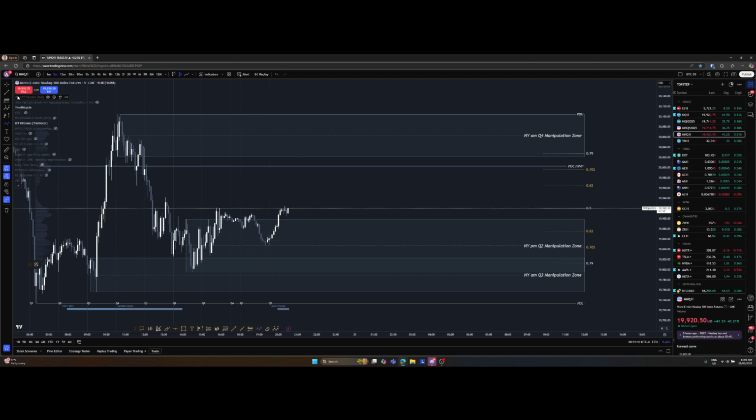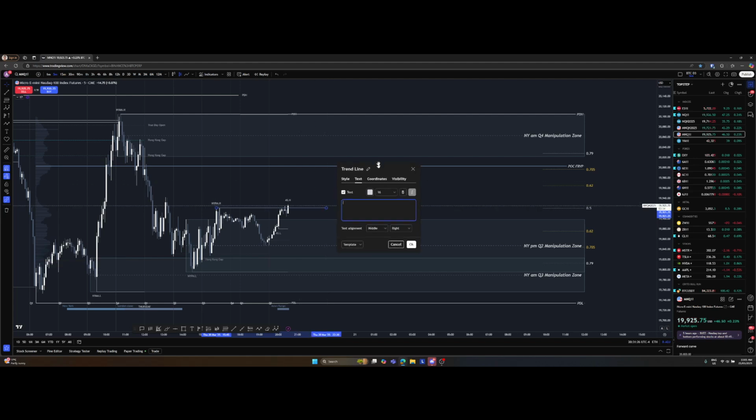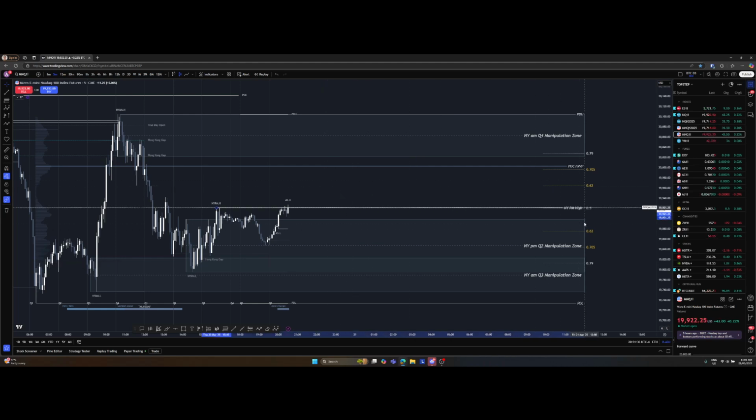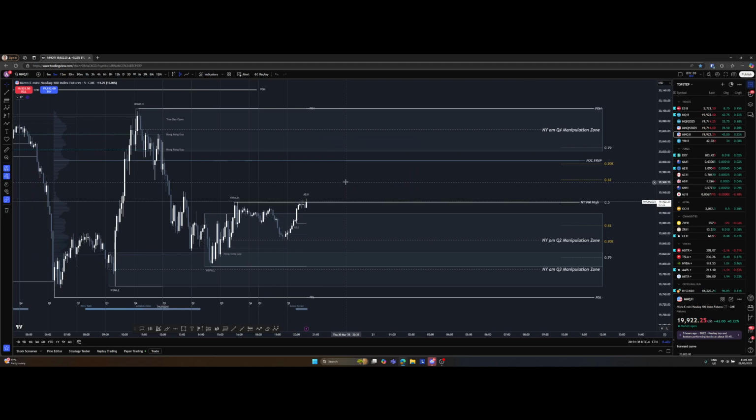The other thing with the daily setup, we need to pop this on the PM levels. So for each setup of your chart, we're using the previous sessions' highs and lows as potential targets and liquidity points for the current session. So New York PM high, which has just been hit.